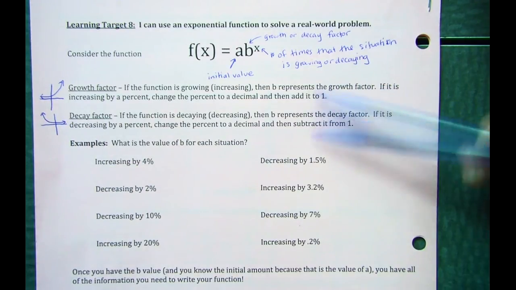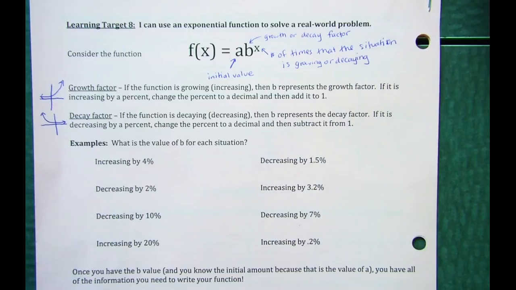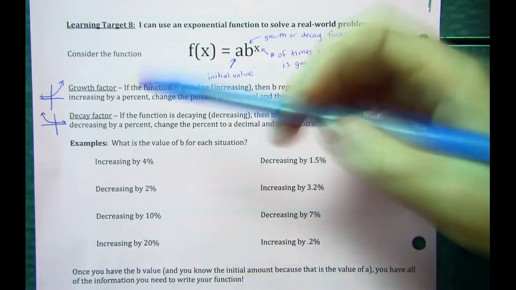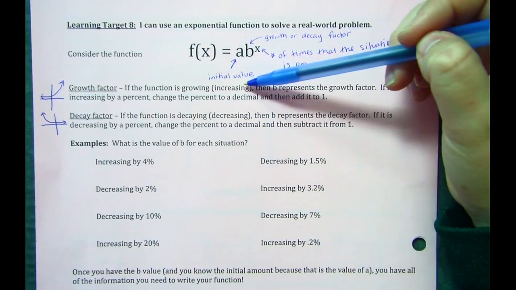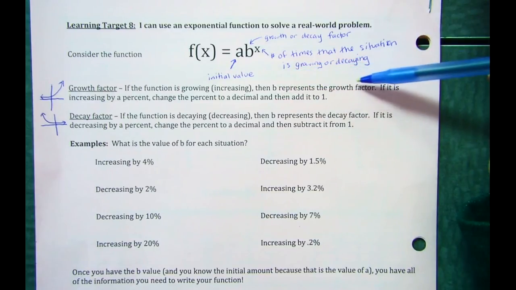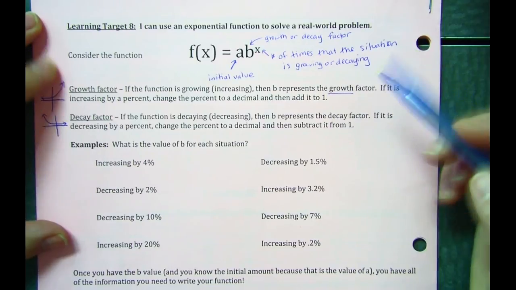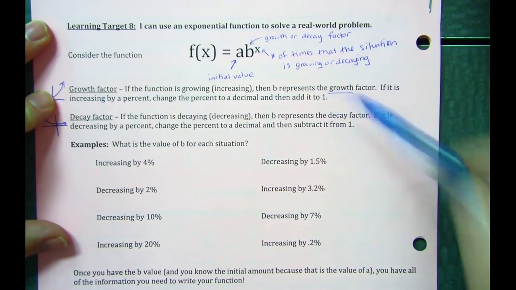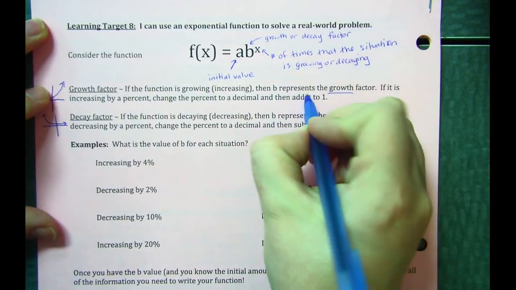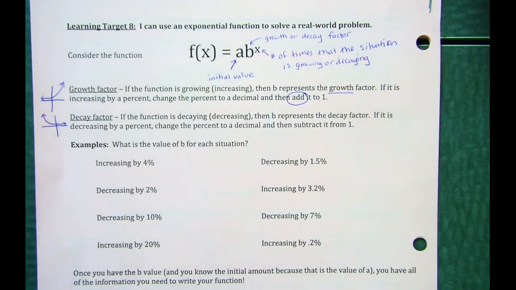Now, for both of these, if there's a percentage increase or a percentage decrease in your situation, you cannot just plug a percent into your equation as the b value. You have to first change it to a decimal. So if the function is growing or increasing, then b represents the growth factor, and if it is increasing by a percent, we change the percent to a decimal and then add it to 1.